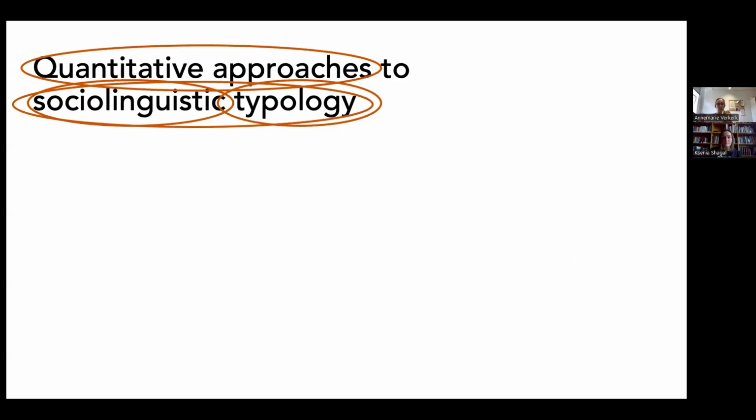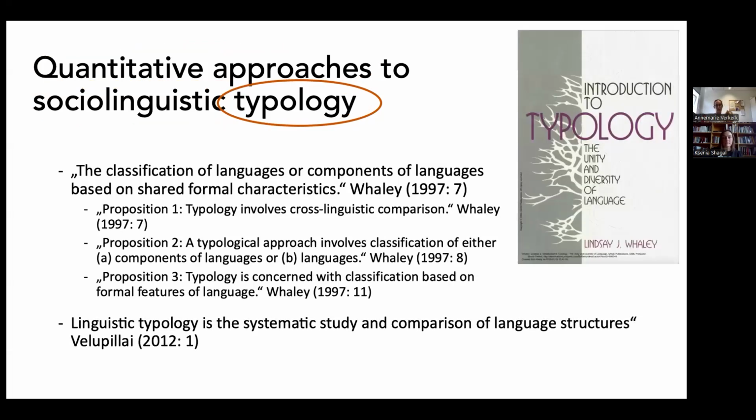So we're going to start from the basic beginning, following on what Xenia has told you over the past two lectures. Quantitative approaches to sociolinguistic typology, we're going to pick that apart. Starting with typology, I know you have already done this, so this is going to be very fast. We have some definitions here on the slide.